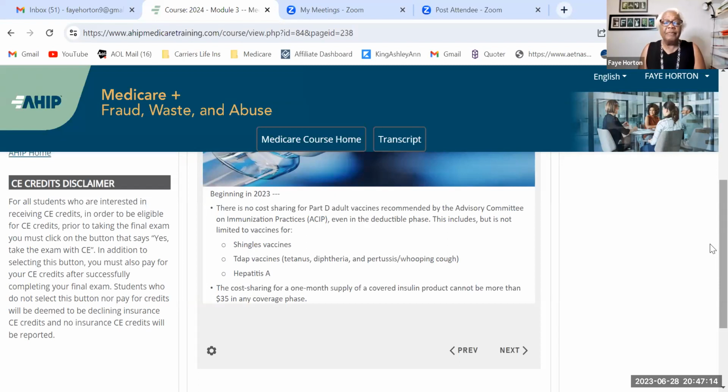The cost sharing for a 1-month supply of a covered insulin product cannot be more than $35 in any coverage phase. So if someone tells you they got their insulin and they paid $247, it is not one that's on the formulary.